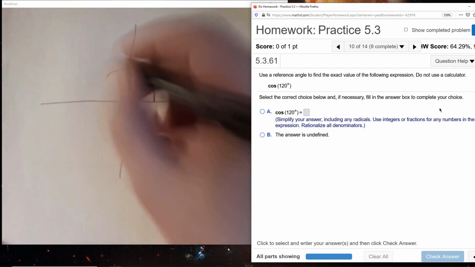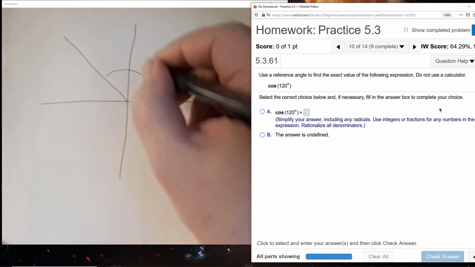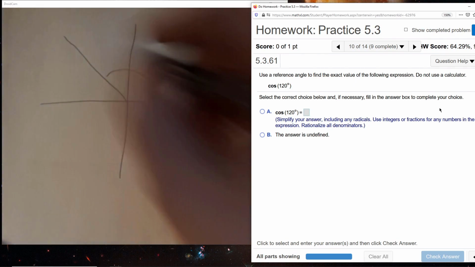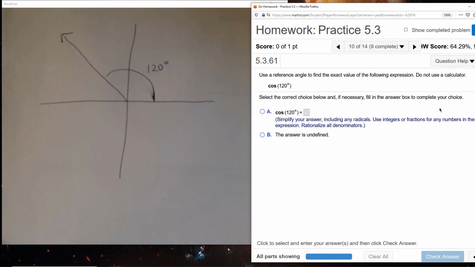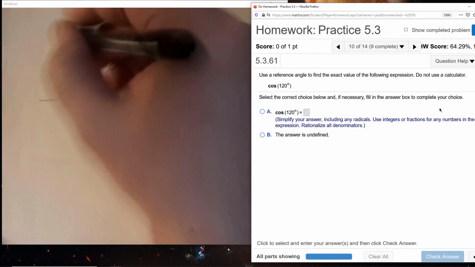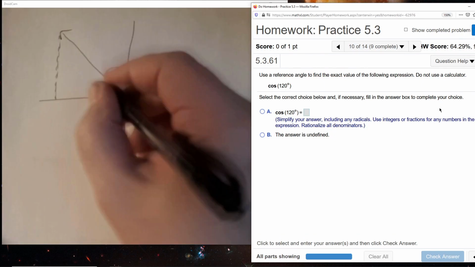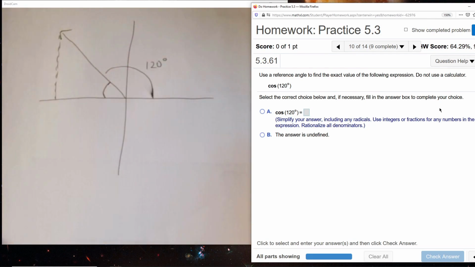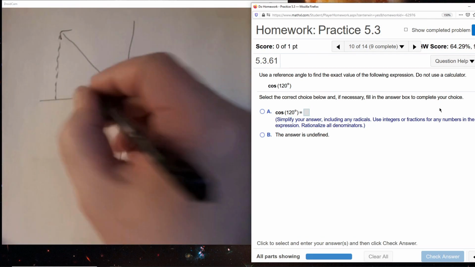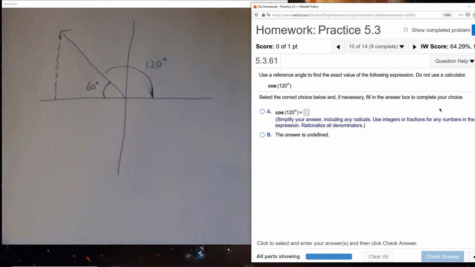So 120 is over here in quadrant 2. So here is our right triangle, and it has a reference angle of 60 degrees.